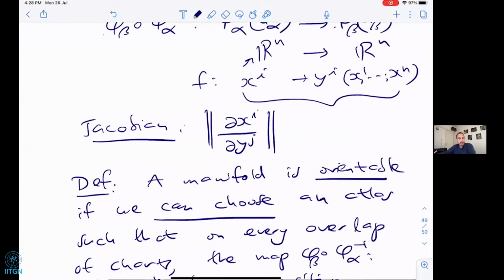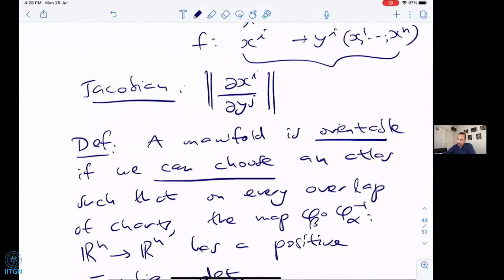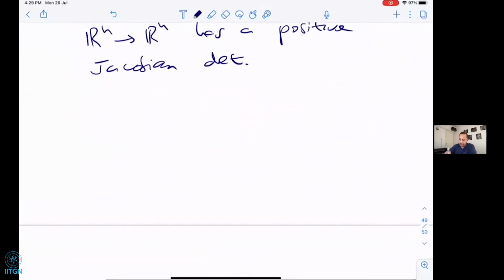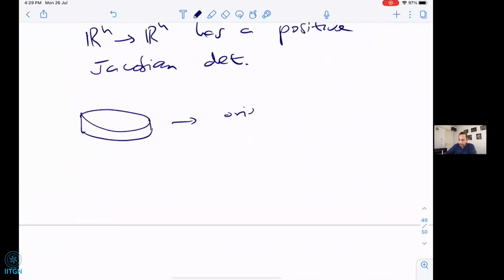If we can't, that means we cannot find an atlas such that this map always has positive Jacobian, then it's non-orientable. In the book, I've given examples which show that a cylinder is orientable, as you might guess. I've given explicitly the charts for the cylinder, just like a circle. A cylinder is nothing but the direct product of a circle and a little strip in the vertical direction.